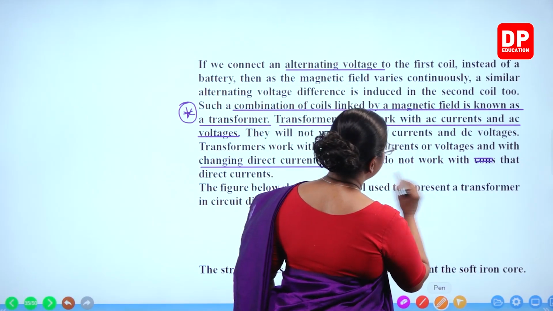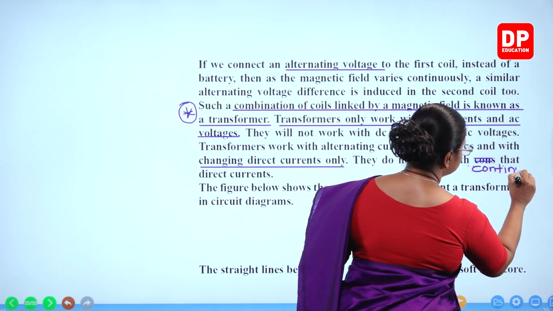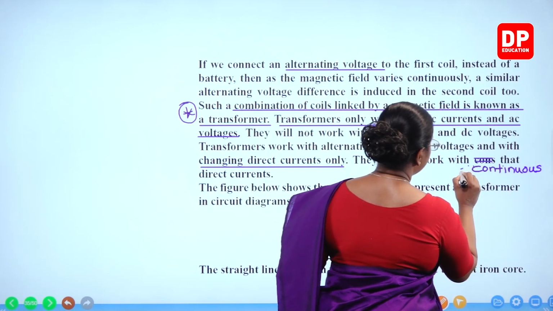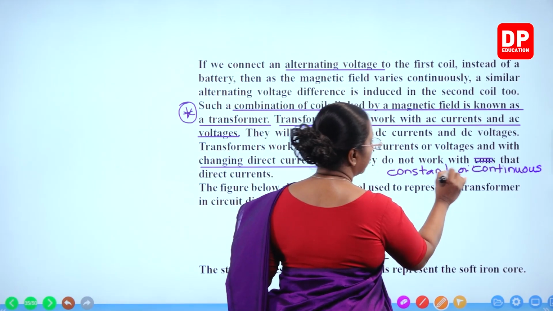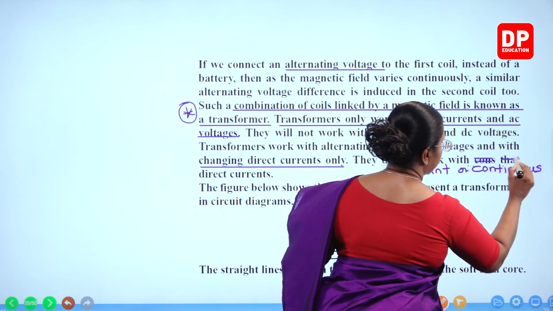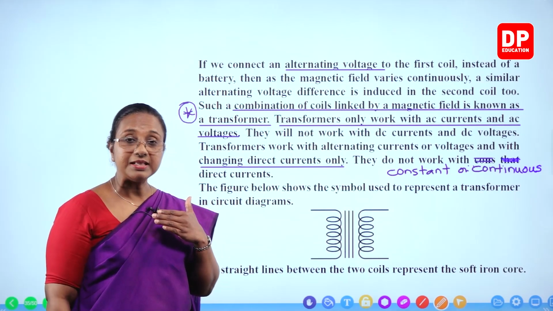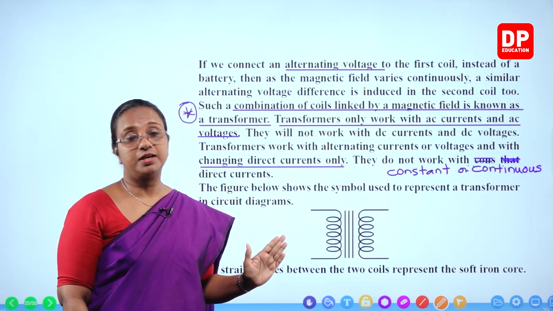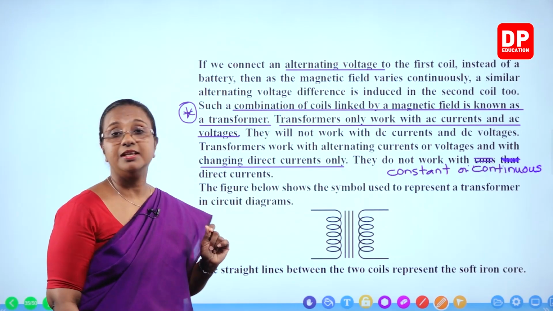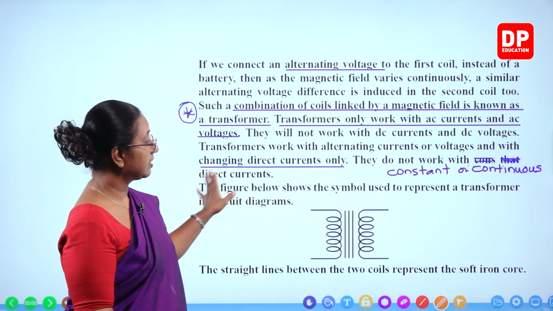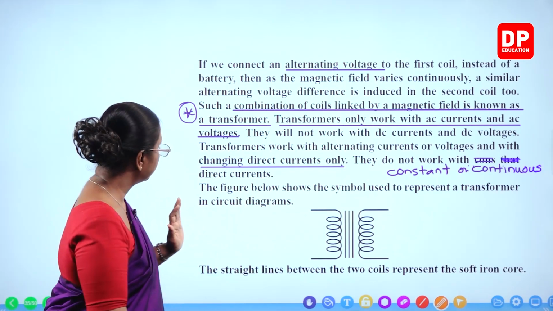This should be: they do not work with continuous, or you can say constant, direct currents. If you supply the direct current continuously, they don't work. If it is an alternating current or voltage or changing direct currents, then it works. If the direct current is continuous, then the transformer does not work.